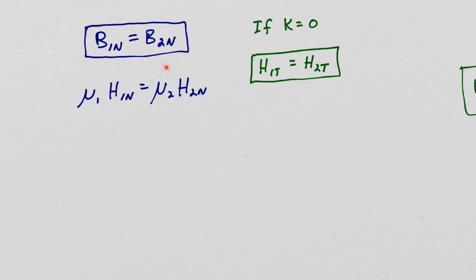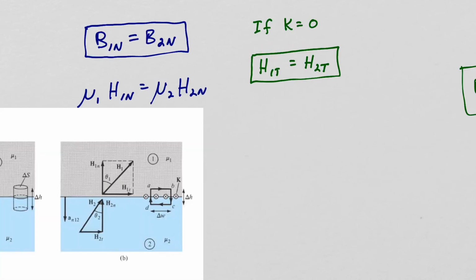So here are our results for the normal components and tangential components of our magnetic fields. Looking at this figure, we can rewrite H sub 1 normal as H1 times the cosine of theta sub 1. And for H2 normal here, we can rewrite that as H2 times the cosine of theta 2.